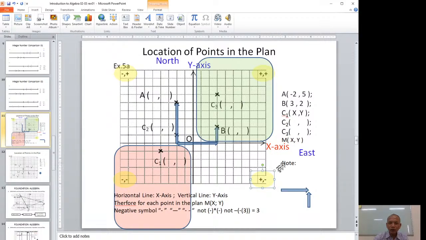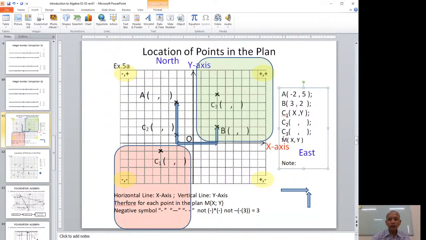The second sign is for the y-axis, the y coordinate.